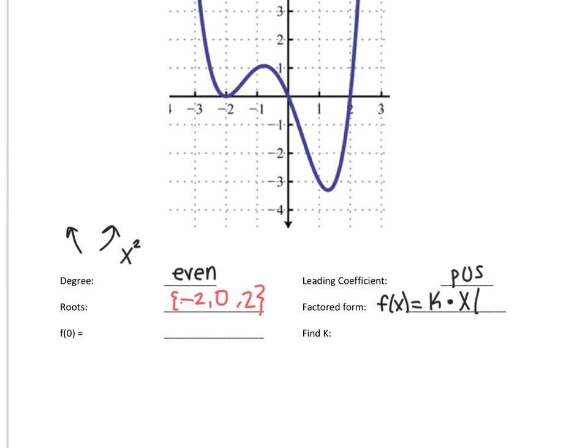Because you'd set a t-chart, x equals 0, and then you can put the -2 and positive 2. So +2 and -2. Okay, if I look at my factored form right now, if I put my degrees back, I have 1, 2, 3. So right now, my power is 3, but we said this degree had to be even.